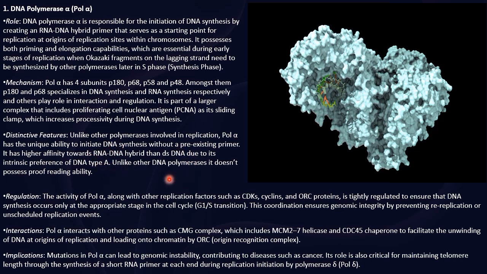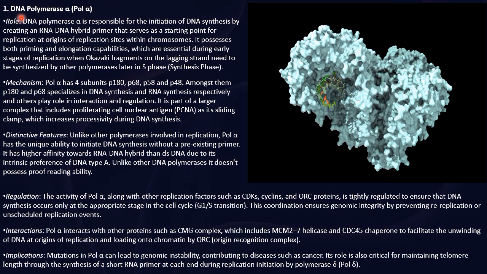Thus, what happens is, after synthesizing 10 to 15 nucleotides of RNA primer on the template strand using its P180 and P60 subunits, it slides through the double-stranded DNA.